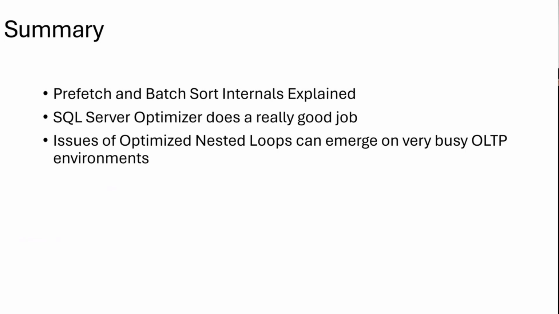In terms of nested loops optimization, it can significantly enhance I/O performance, and usually optimized nested loops operate without any hitches. However, SQL Server operates across a diverse array of environments, some of which are highly active or handle numerous concurrent sessions. And it is under such conditions that these issues may arise.